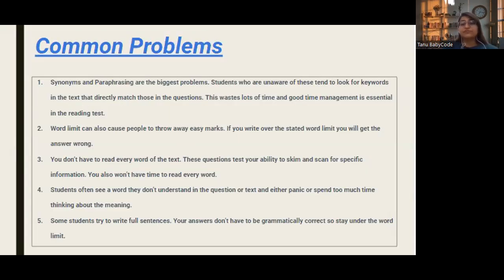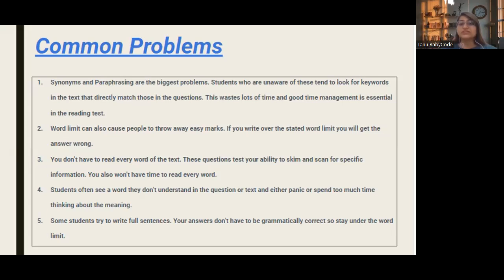Now, what are the common problems that you face while solving the short answer questions? First is synonyms and paraphrasing. These are the biggest problems, I would say. Students who do not know about paraphrasing or synonyms are unable to attempt these type of questions.